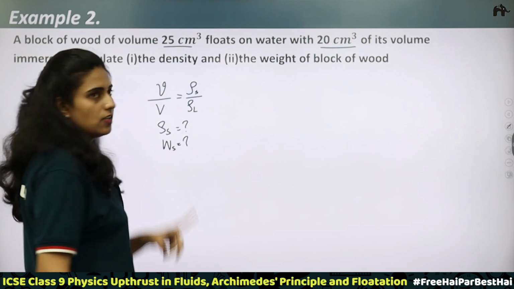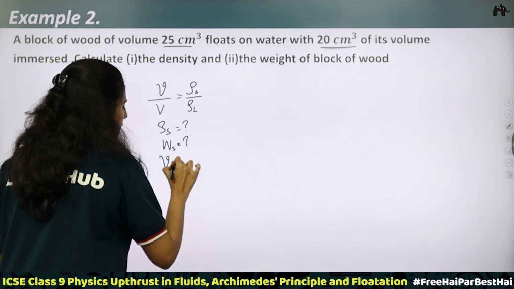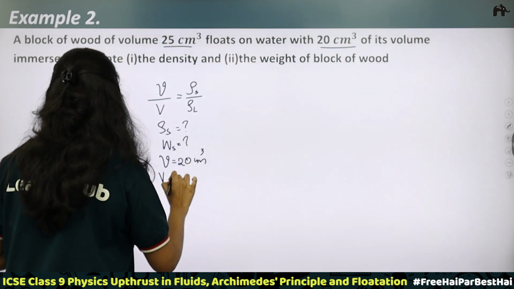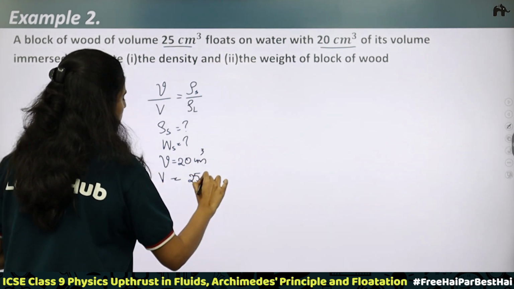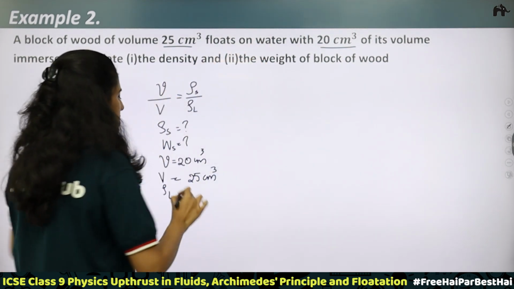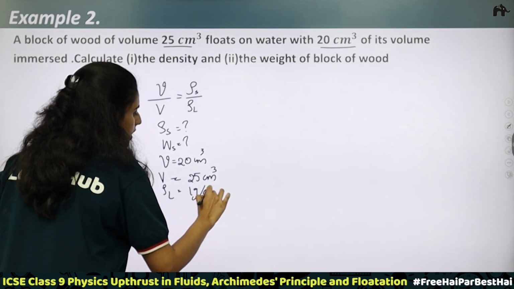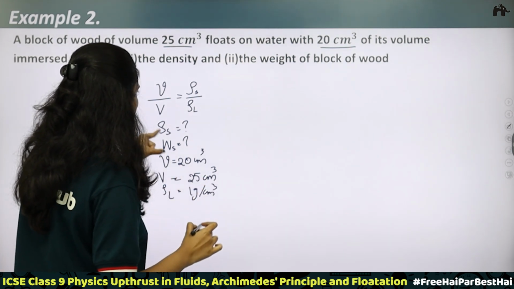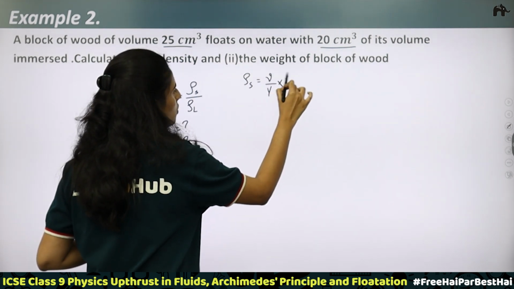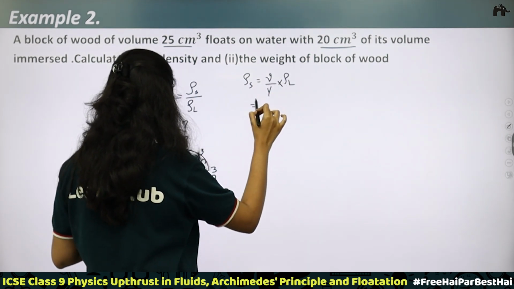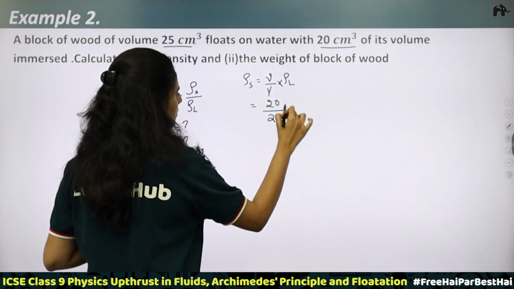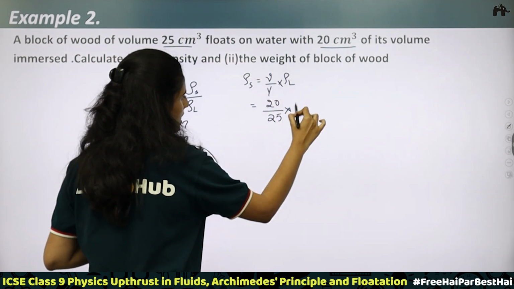To find the density of solid, we have the volume that is immersed given, that is 20 centimeter cube. Volume of the body, that is volume of block, is 25 centimeter cube. Density of liquid, here we are using water, will be 1 gram per centimeter cube. Now put the values to find rho S. Rho S will be equal to small v by capital V into rho L. Small v is 20 and capital V is 25, into rho L which is 1.